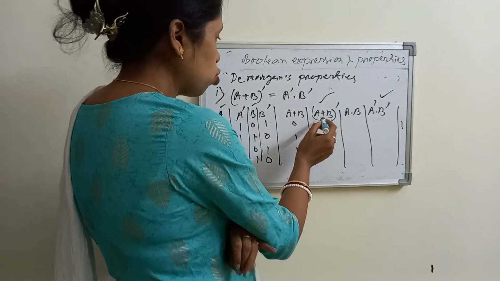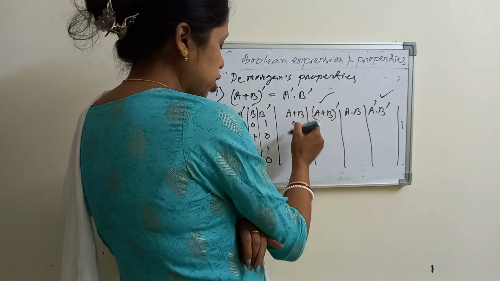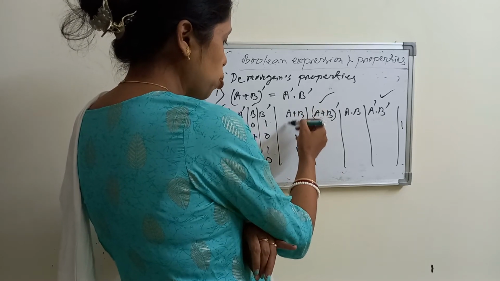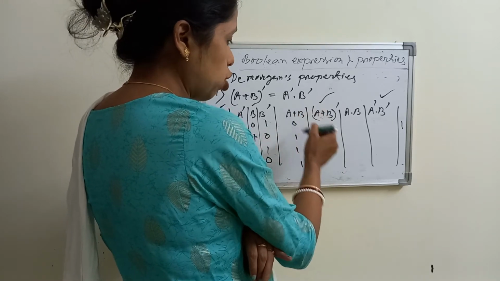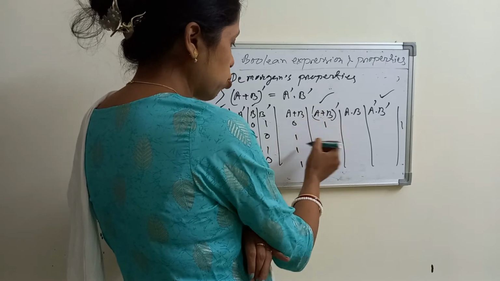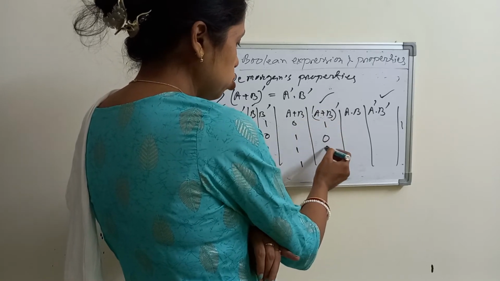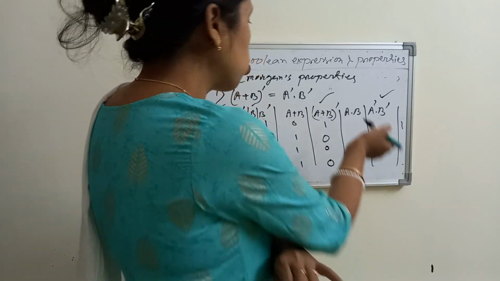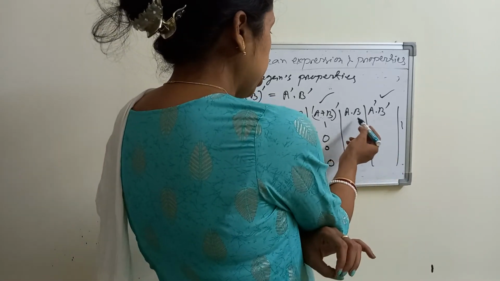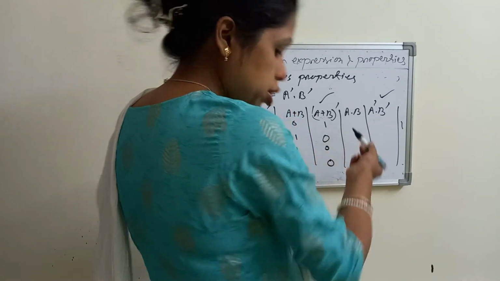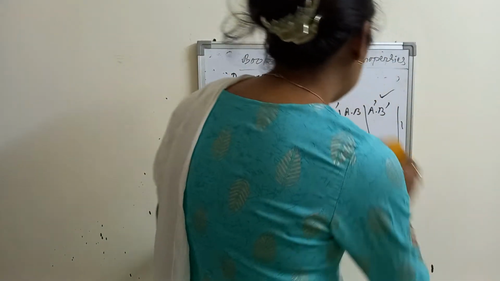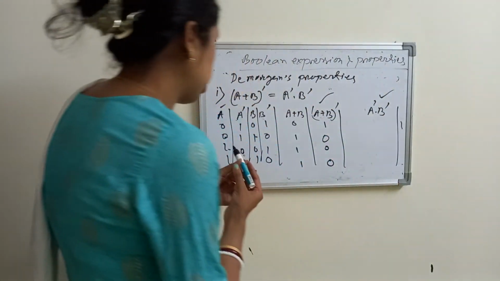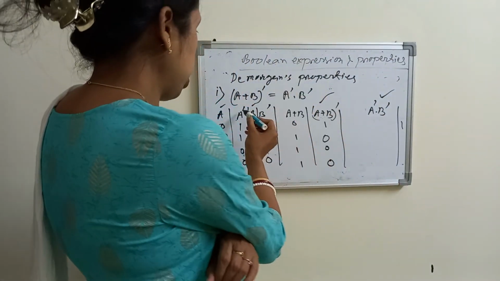Okay. So now the complement of a plus b. This I am doing the complement. Whatever result you are getting, I am doing the complement of this result. That means I will get the inverse. If 0 is there, here you will get 1. Here you will get 0, 0, 0. Okay. So now you can see a' b'.